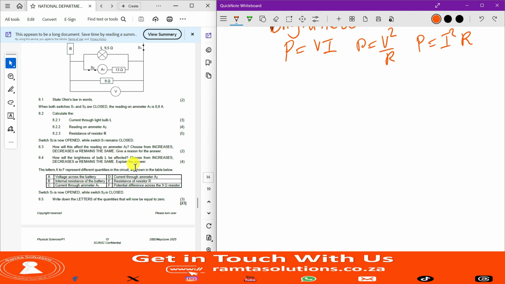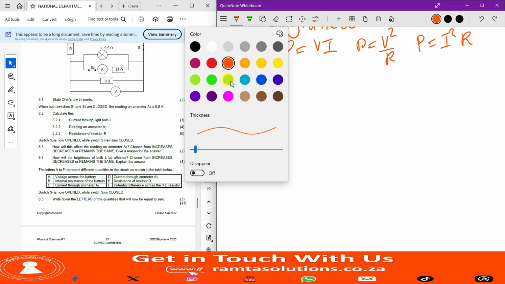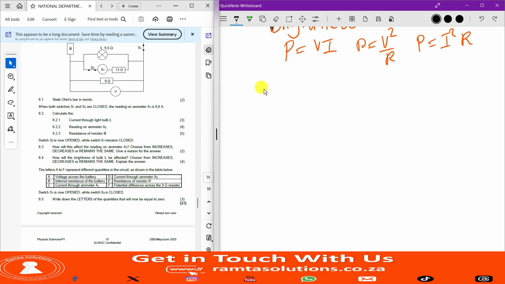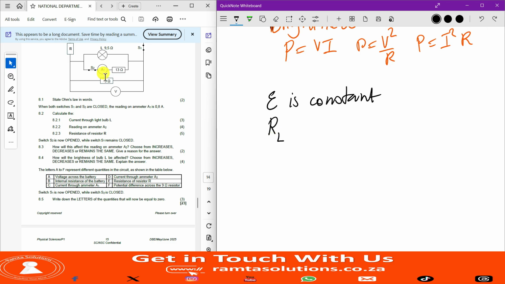It seems they want 3 reasons. How will the brightness of the bulb be affected? First things first, I will leave that line for increases, decreases, or remain the same. Then I will say the emf is constant, right? And then the resistance of the light bulb is constant, right?